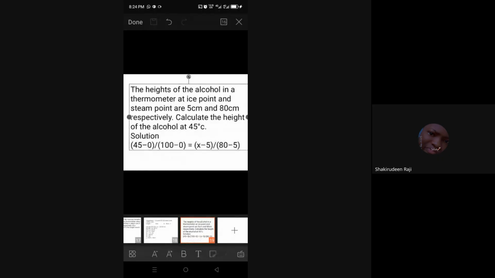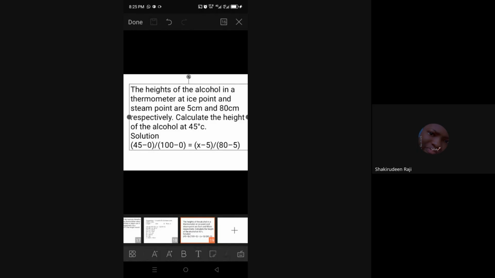Very simple question. That's the temperature you are asked to calculate its height. 38.75 centimeters. Okay, explain to me. Does your expression look like mine at the beginning? Yes, sir. All right.